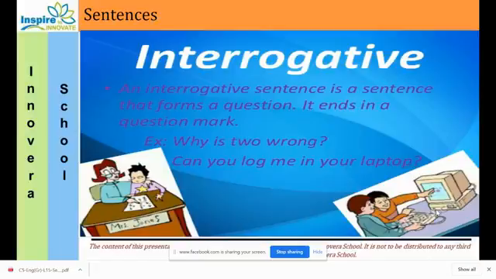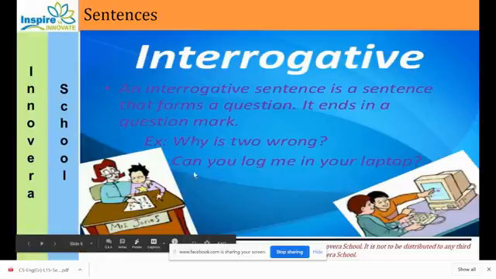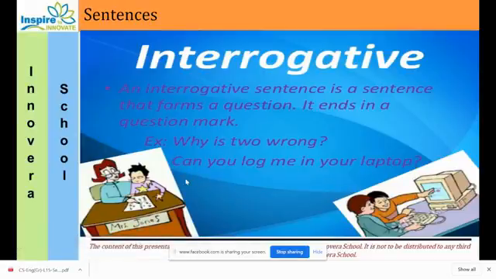So whenever we need to ask for information in yes or no, the question begins like, can you log me in your laptop? Can you see this example? So the answer will be yes or no. Okay, can, is, and such words. If the question begins like that, then the answer will be yes or no. So that is called a yes-no answer.